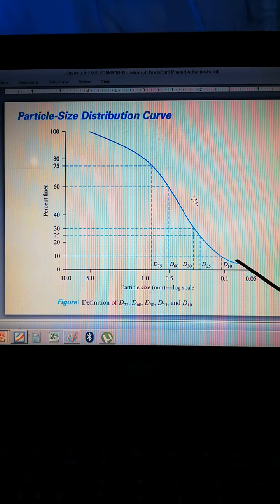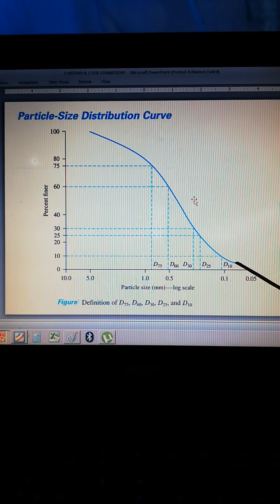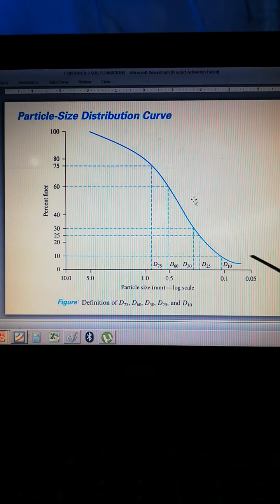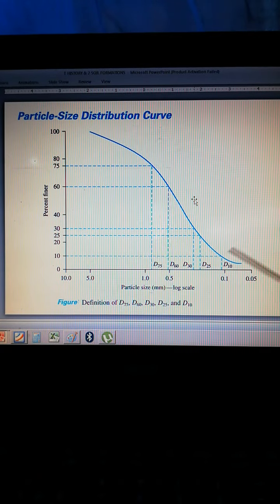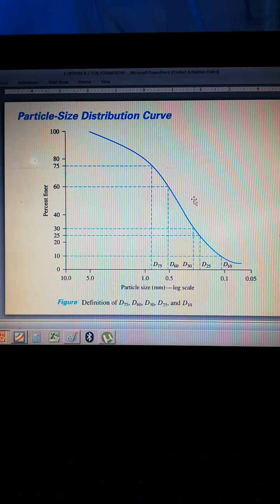When we plot it, we continue from the mechanical analysis by sieving, and the hydrometer result is joined to it, continuing the plotting of the distribution curve.